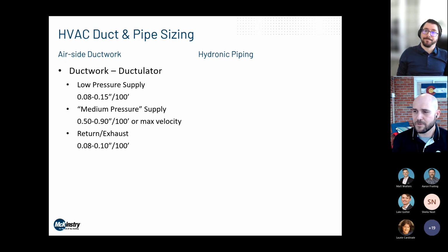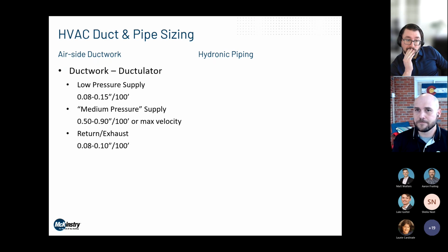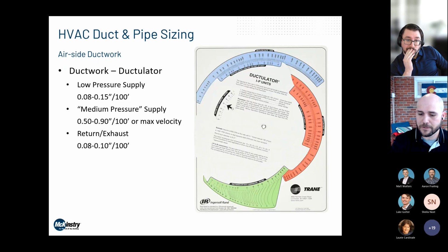VAVs have a step change: they go from a medium pressure duct before the VAV box to lower pressure duct afterwards. Return and exhaust is almost always on the low pressure side, perhaps even lower than the supply side. All right, there's the ductilator.